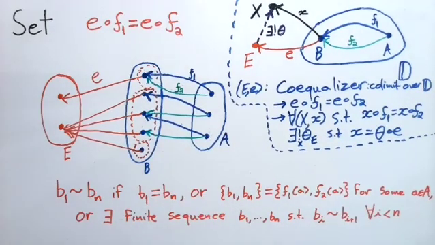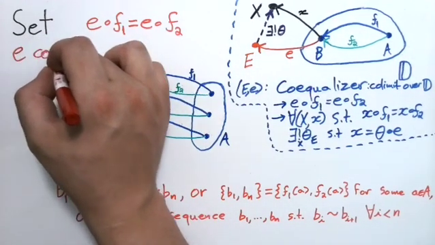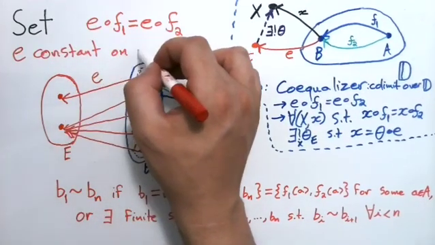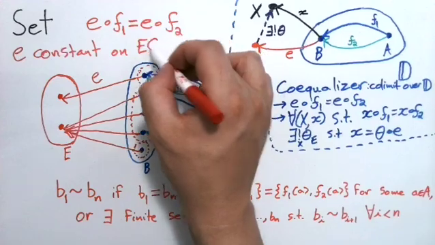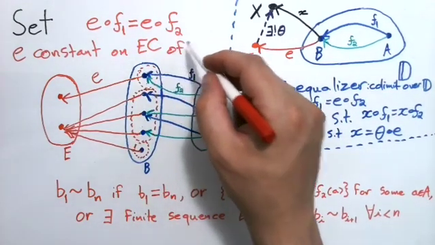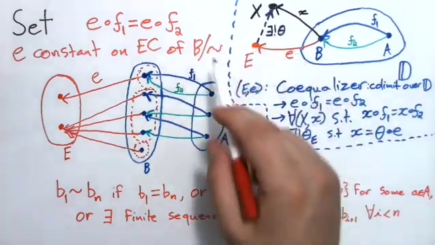So what does it take to satisfy this property here, the first property in our coequalizer definition? Well, we need to have that E is constant on the equivalence classes of this partition, right? Of the partition created by tilde, which is denoted this way, right?